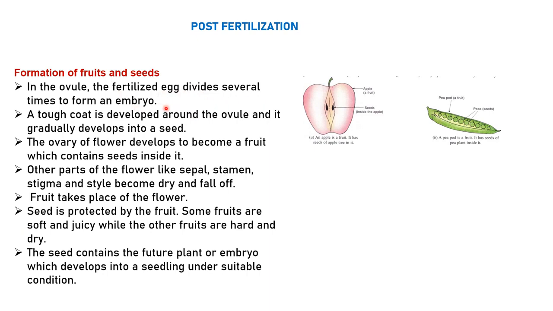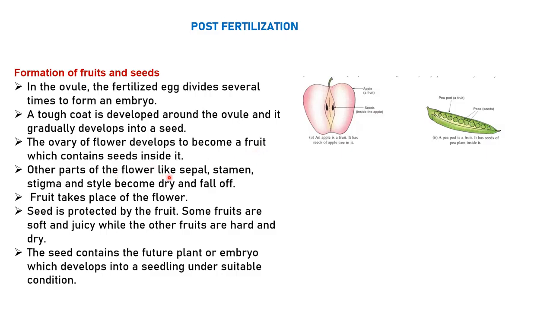Once the embryo is formed, a tough coat develops around the ovule, and it gradually develops into a seed, right? The ovary of the flower becomes very bulky, it swells up and forms a fruit. So automatically the seed is covered by a fruit. The seeds are inside the fruit, okay?